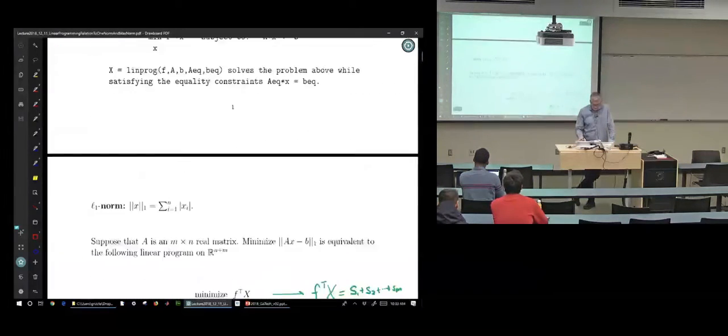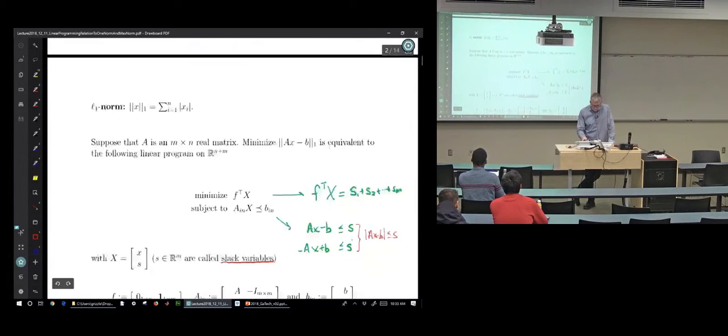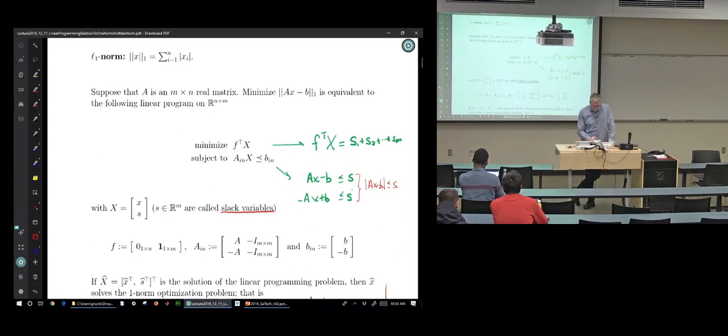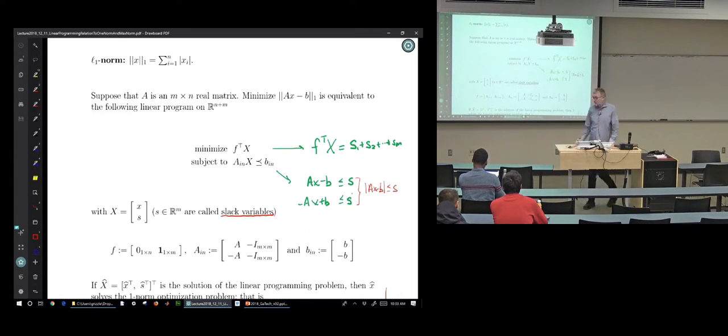Okay, so there's the MATLAB calls and stuff like that. But the magic is these things called slack variables. These are extra variables that one introduces into the problem. The number of slack variables is equal to the number of constraints here.